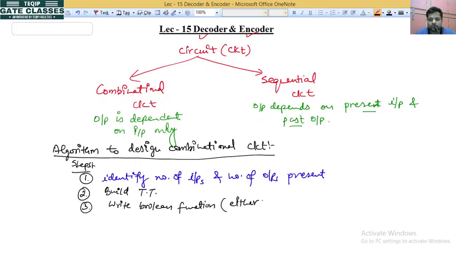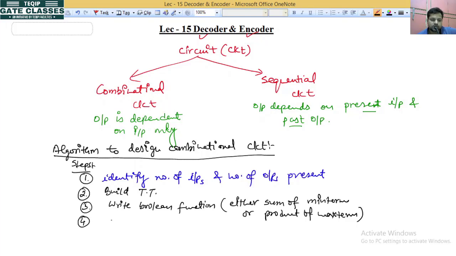Two methods we know: either sum of minterms or product of maxterms. With these two, you use either sum of minterms or product of maxterms to write the Boolean expression or Boolean function for the truth table.